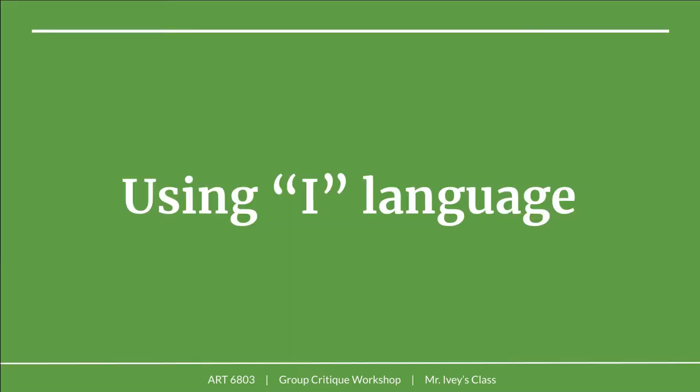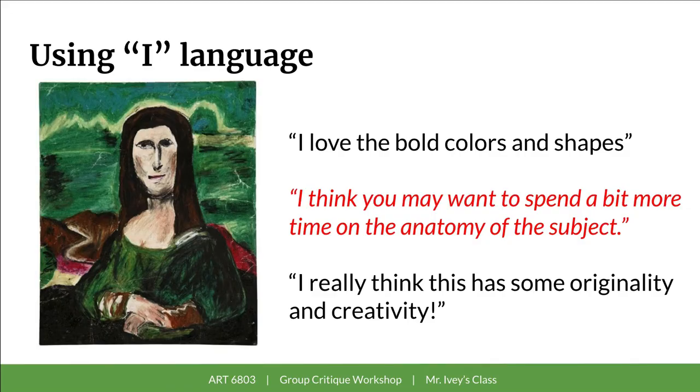The next thing to consider is using I language. I language is all about enforcing your point of view. Using phrases like I think or I feel and I suggest, make sure that the person receiving your feedback understands that the criticism is about their situation and behavior rather than about them as a person.